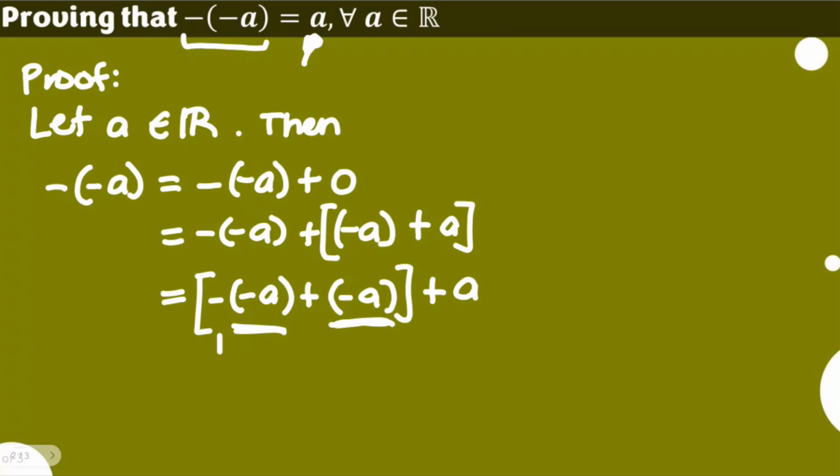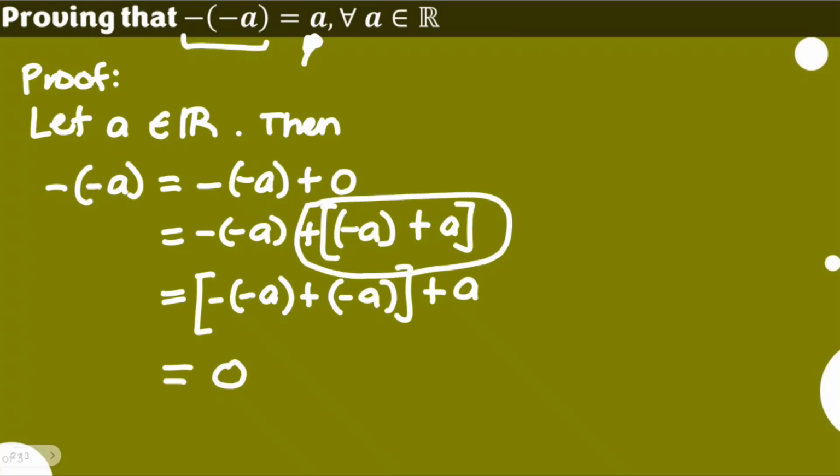You have the negative of the negative a, and of course this is positive of negative a. This also works on the idea of inverses: this is an inverse of this entire expression and vice versa, because they are of the same figure but different signs. When we add inverses, automatically that is equal to 0, just like what happened in this form here.